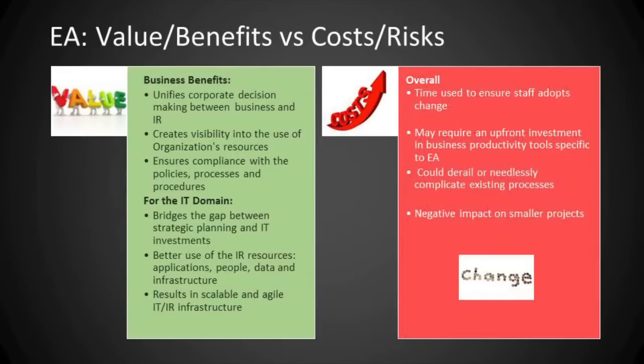EA itself may require investment in business productivity tools that are specific to that domain. It also could derail or needlessly complicate existing processes, which is why you have to be careful how you approach implementing EA, because not all processes really need it. As such, it could have a negative impact on smaller projects.